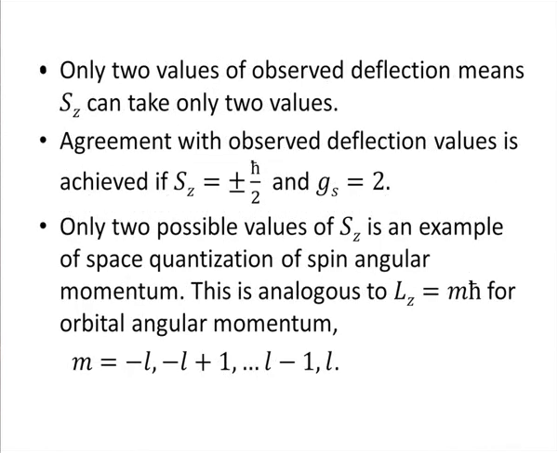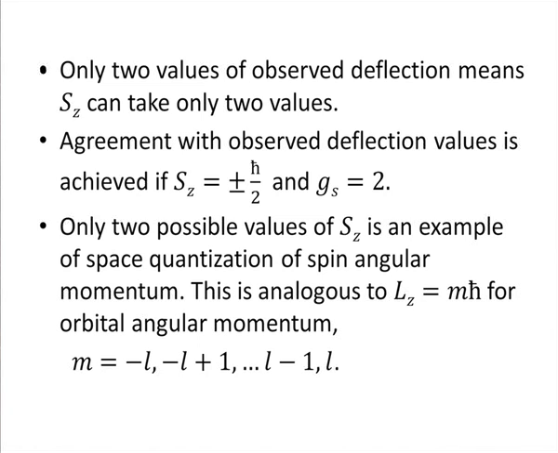Only two values of observed deflection means that S_z can take only two values. Agreement with observed deflection values is achieved if S_z is equal to plus minus h bar by 2 and g_s is equal to 2. Only two possible values of S_z is an example of space quantization of angular momentum.